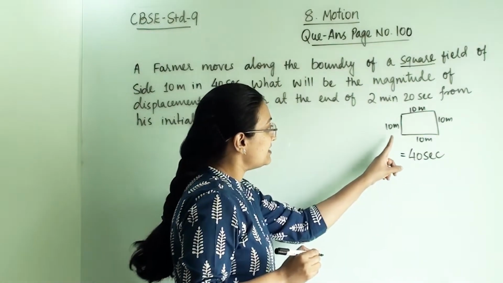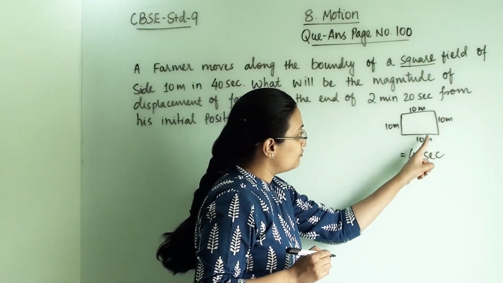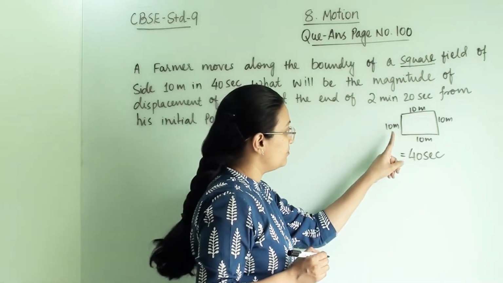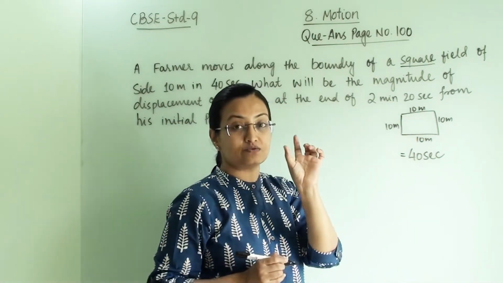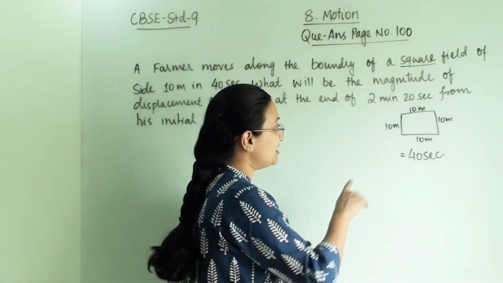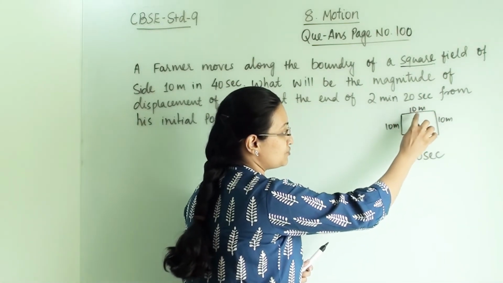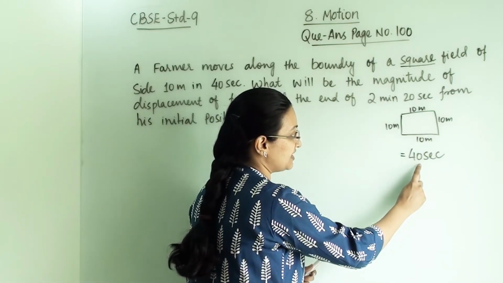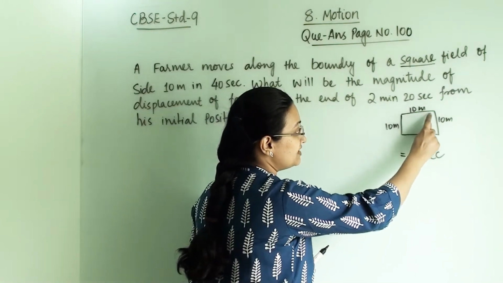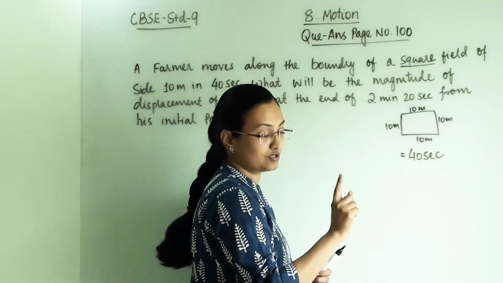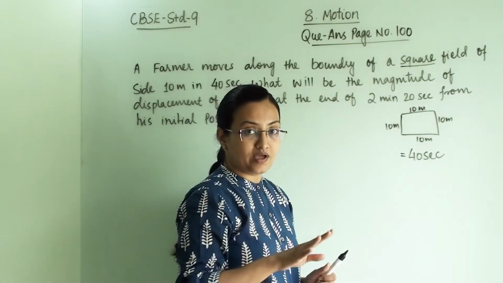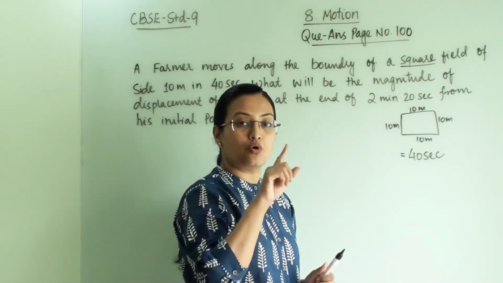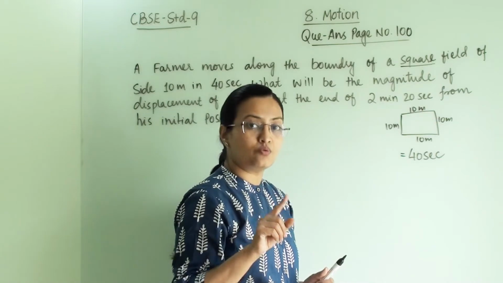Now, when he does one full rotation, how much distance will he cover, because this 10 meter is only for one side. When he moves along the boundary of a square field, that means he completes one full rotation in 40 seconds. So we have to calculate the distance for one full rotation. Here this field is a square and it has four sides. All the sides are equal in length.